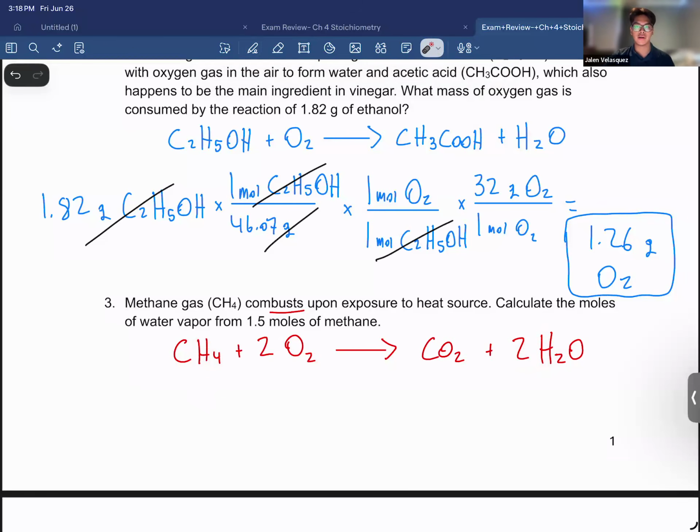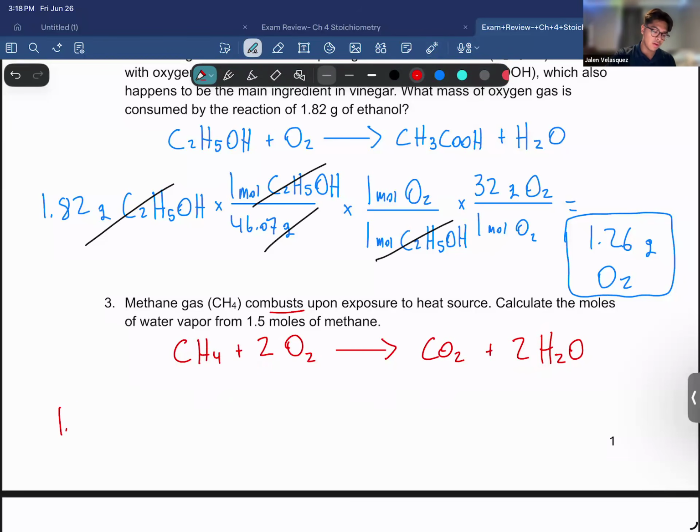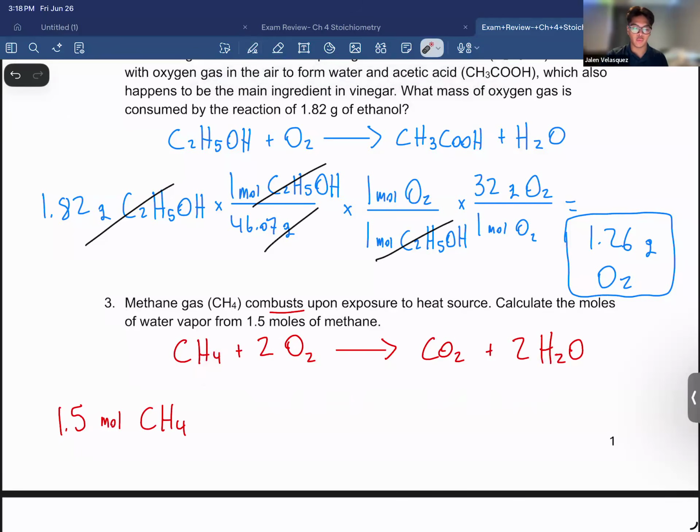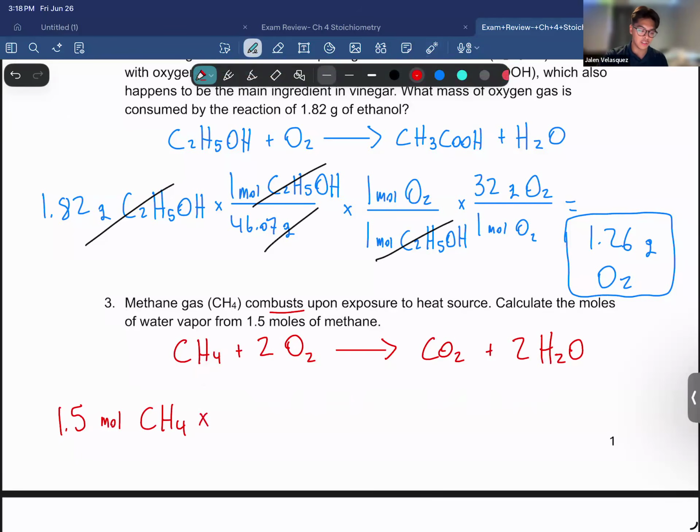So this one is much easier because it's just straight mole to mole, right? So 1.5 moles of methane, I want to convert that into the moles of water just by using the mole ratio. So in this balanced equation, we have 2 moles of water per 1 mole of methane. So 1.5 times 2 is going to be equal to 3 moles of water.